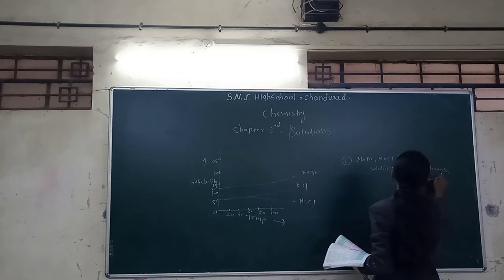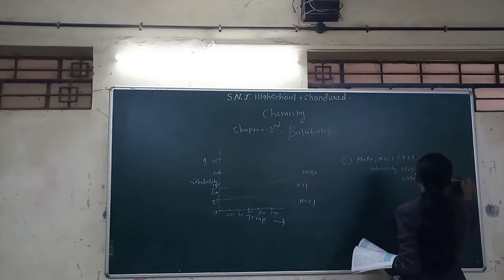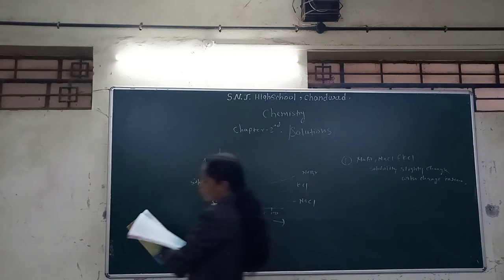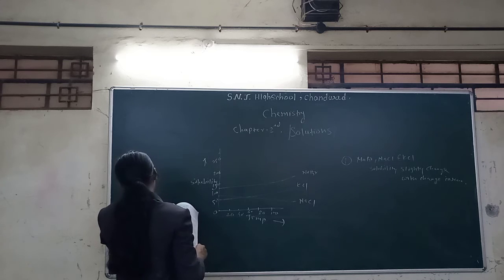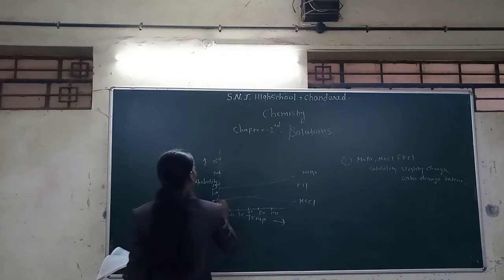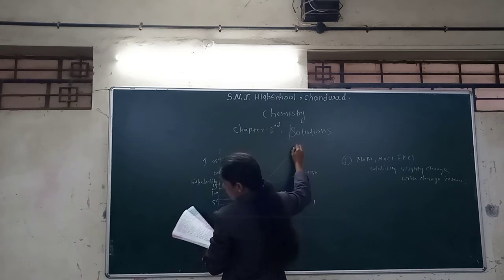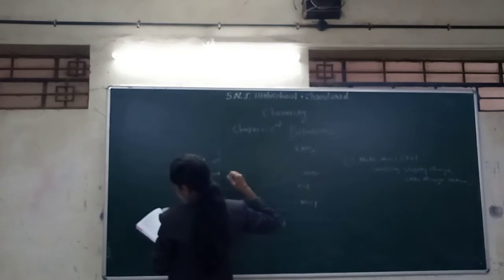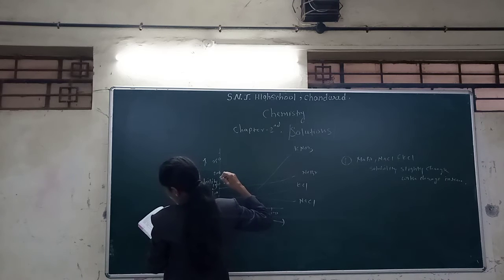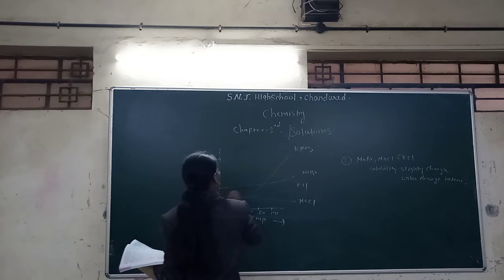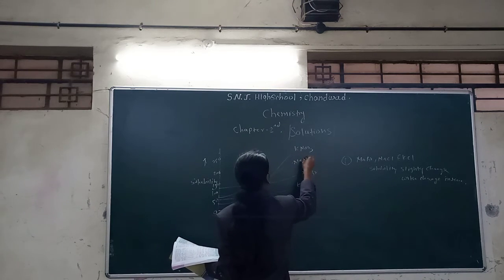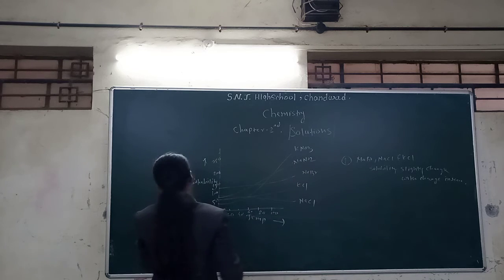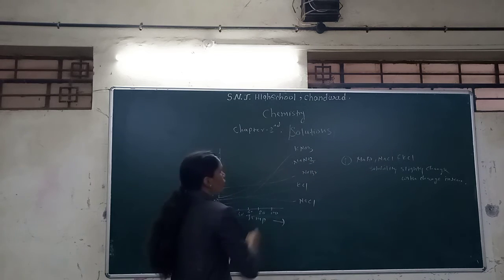Next are solutions like KNO3 and NaNO3, and this is the graph for them.